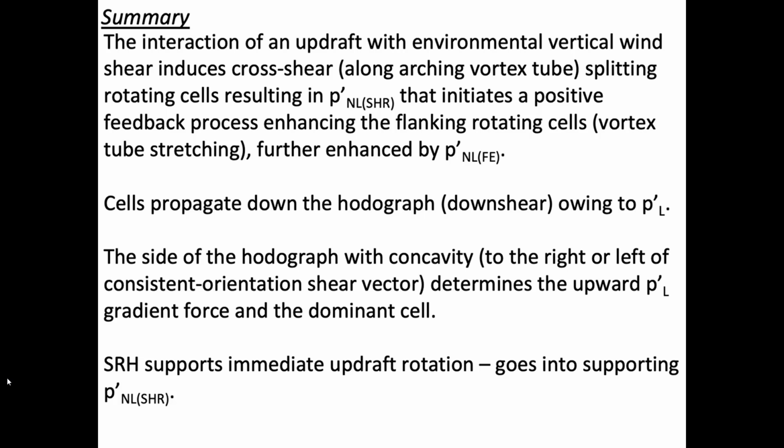The side of the hodograph with the concavity, which could be to the right or to the left of the consistent orientation shear vector, determines the upward linear perturbation pressure gradient force and the dominant cell, the one that is on the side of the hodograph corresponding to the convex portion is where we have the suppression take place of upward motion. And remember, storm relative helicity supports immediate updraft rotation, which can go into supporting nonlinear shear perturbation pressure enhancements.